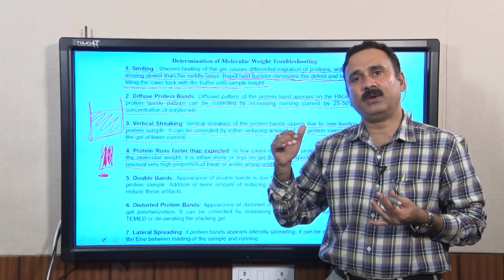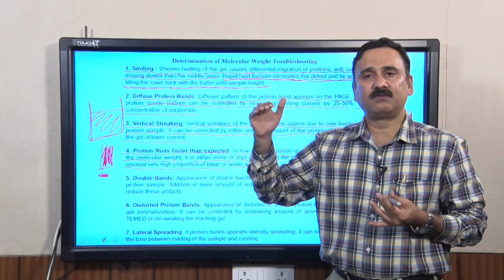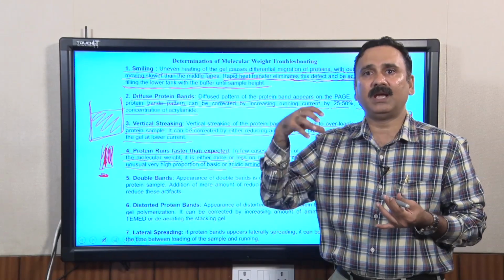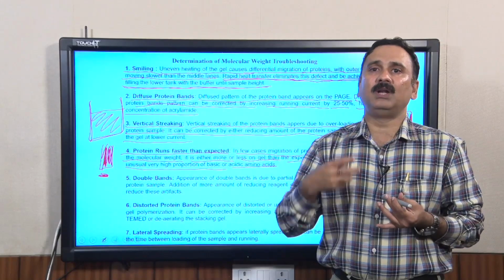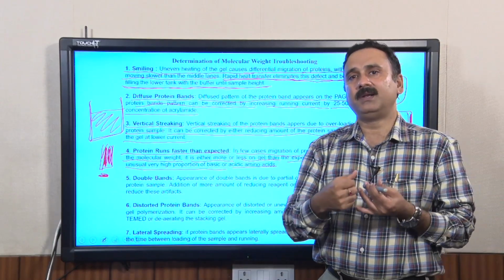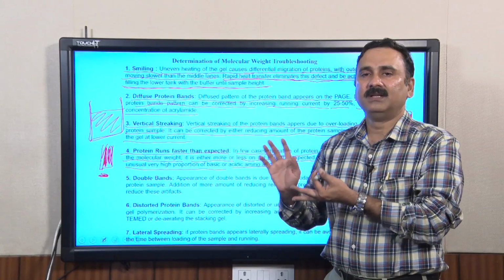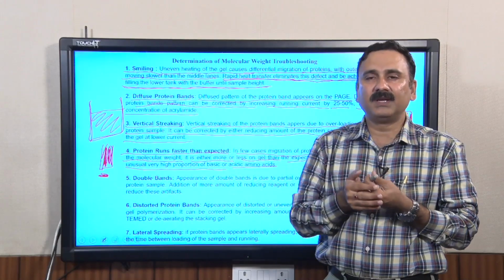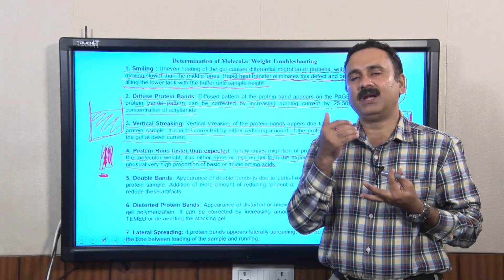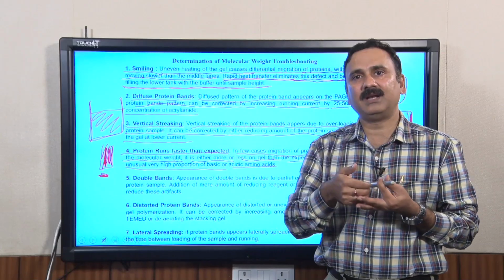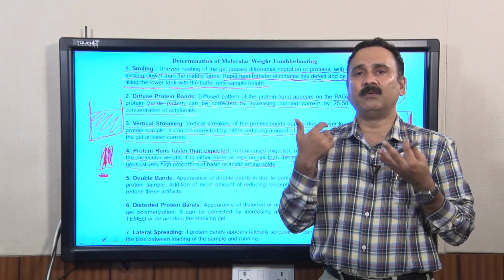This gives it more electrophoretic mobility than it is supposed to have. Whereas in some cases it contains basic amino acids, and in those cases the net negative charge is less compared to all the other proteins, and because of that it runs slower compared to its molecular weight.